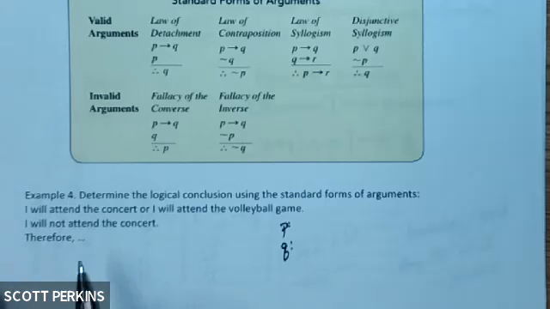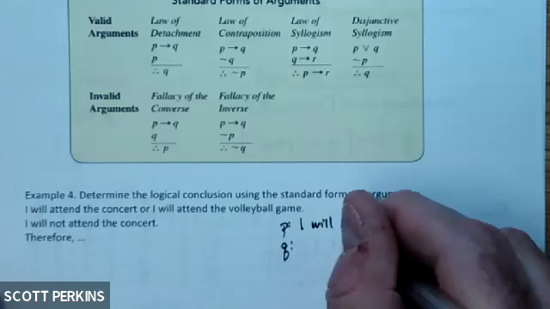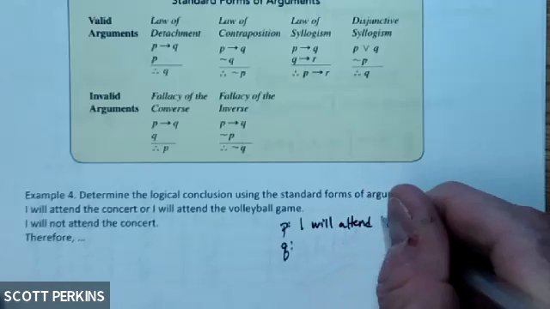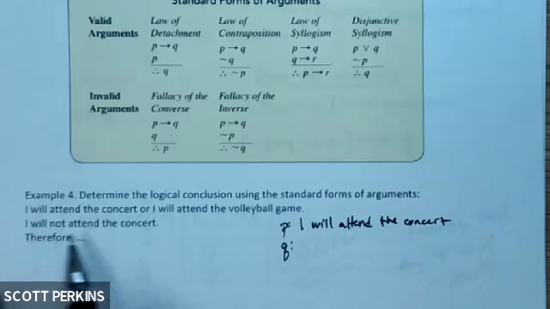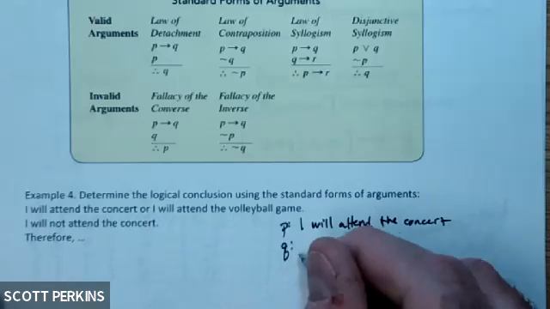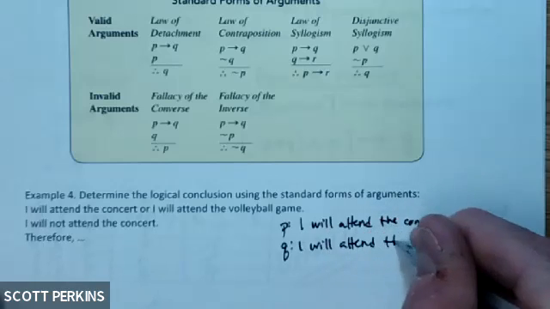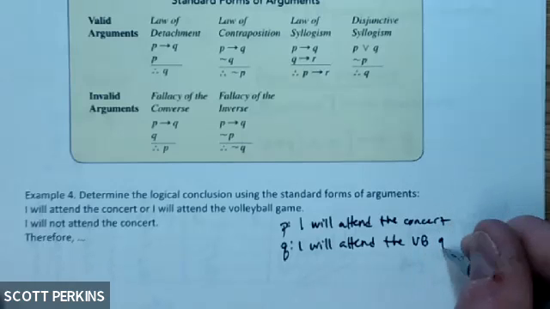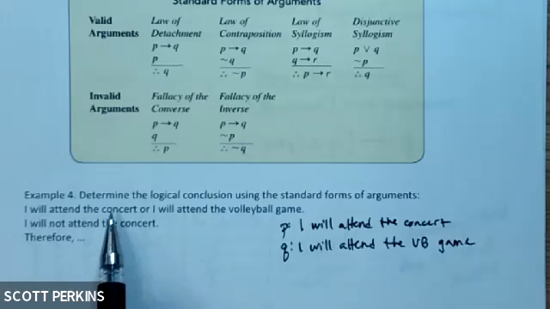I will attend the concert, that's going to be P. I will attend the volleyball game, I'll make that Q. Those are the only two simple statements I have. This is not one that has 3.